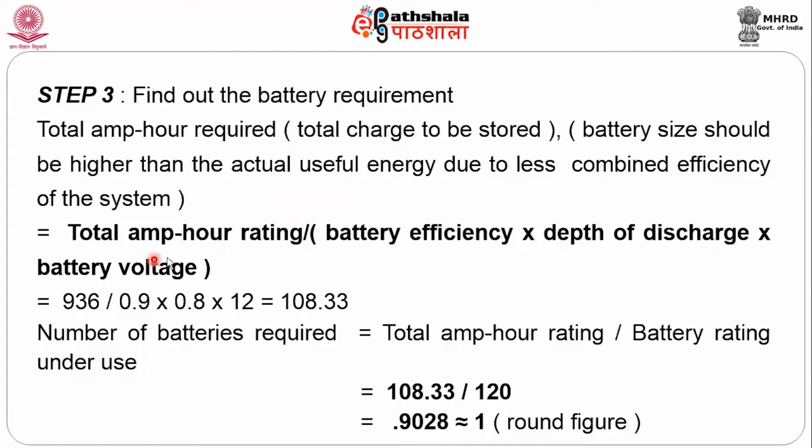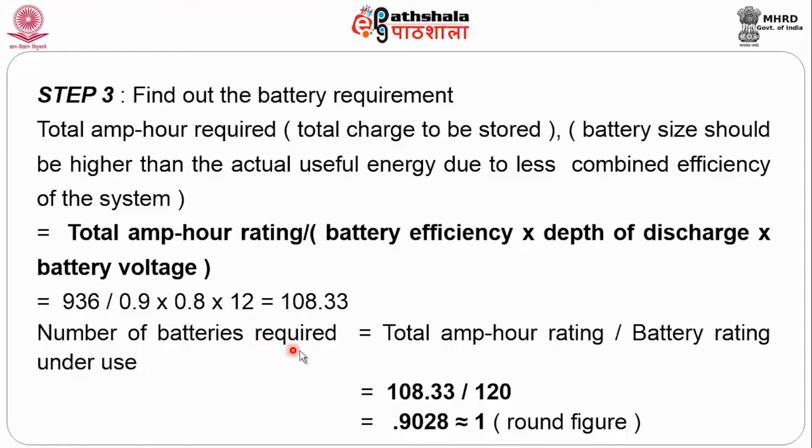So, total ampere hour rating divided by battery efficiency into depth of discharge into battery voltage. 936 is the total ampere hour rating, divided by battery efficiency of 90%, depth of discharge about 80%, and battery voltage about 12. When we multiply everything we get 108.33.